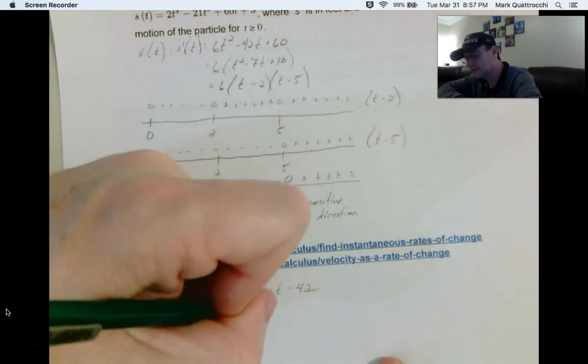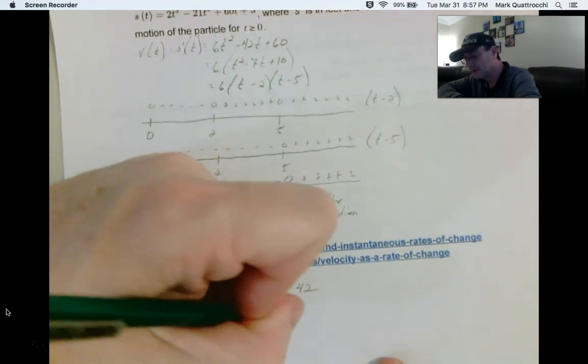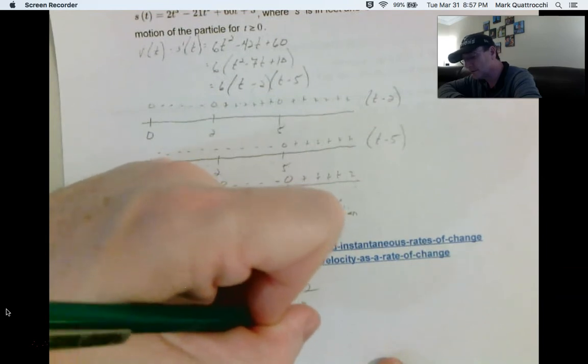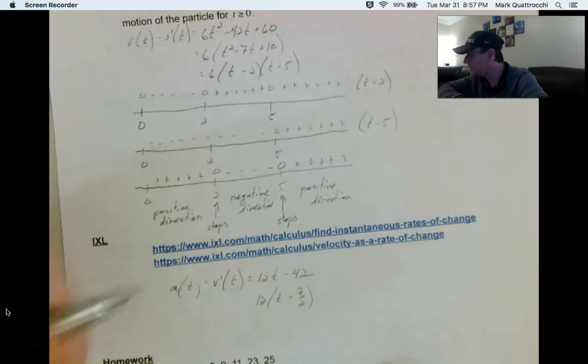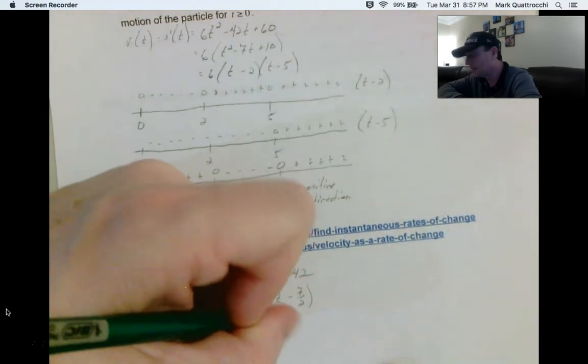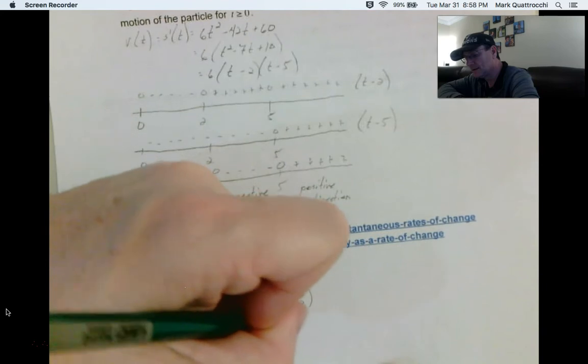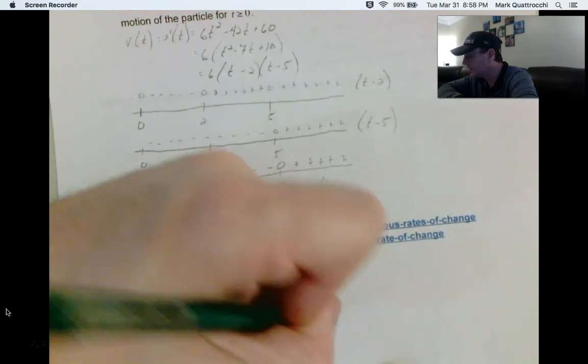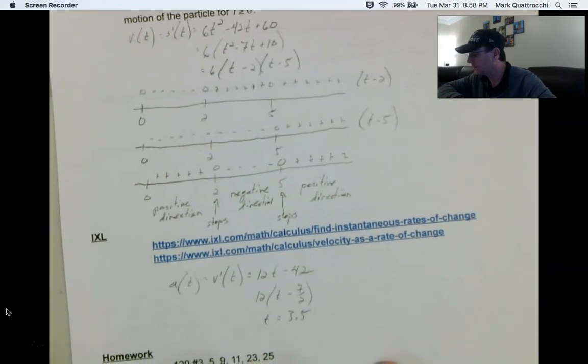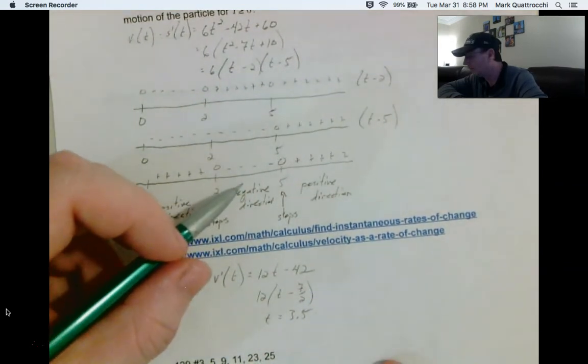And that factors as 12 times t minus 7 over 2. And what's a critical value for this? That's time t equal to 7/2, or 3.5, is a critical value.